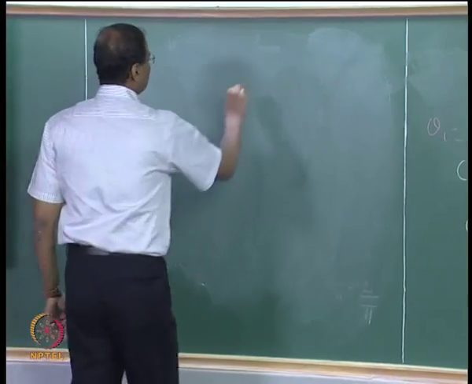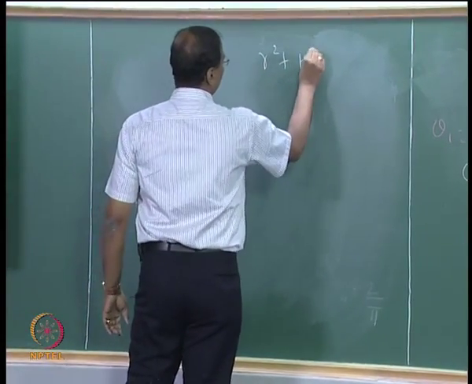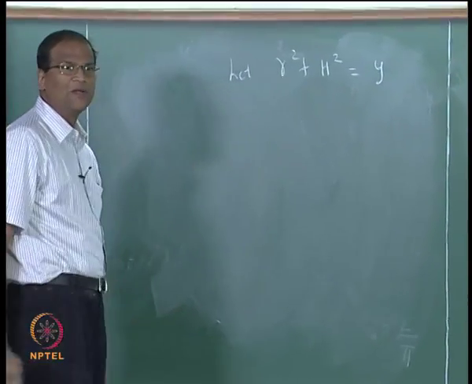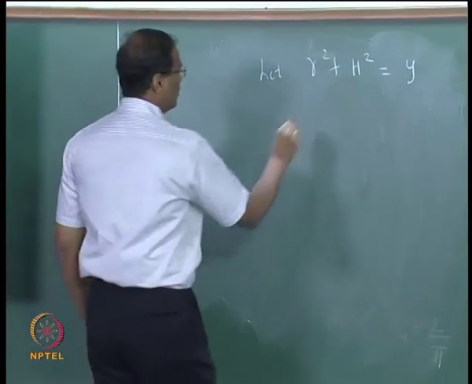What I will do basically is let R square plus h square be y, okay.